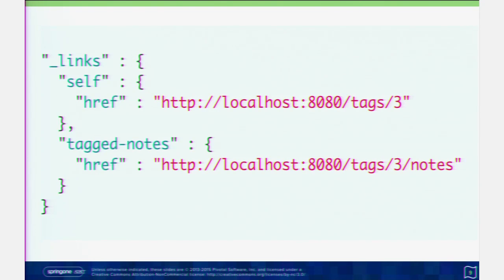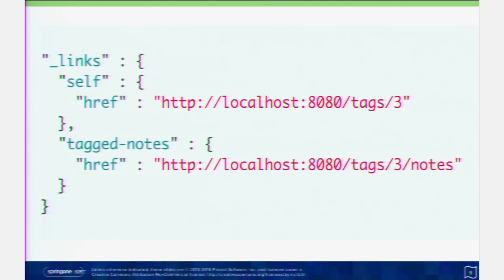Now, consider the links from a response for a particular tag. A tag can be applied to one or more notes, so you want to link from that tag resource to all of the notes that have that tag applied to it. It might be tempting to put a relation on that link of notes, but we've already used that in the index for the resource that provides access to all of our notes, not just the notes with a particular tag.